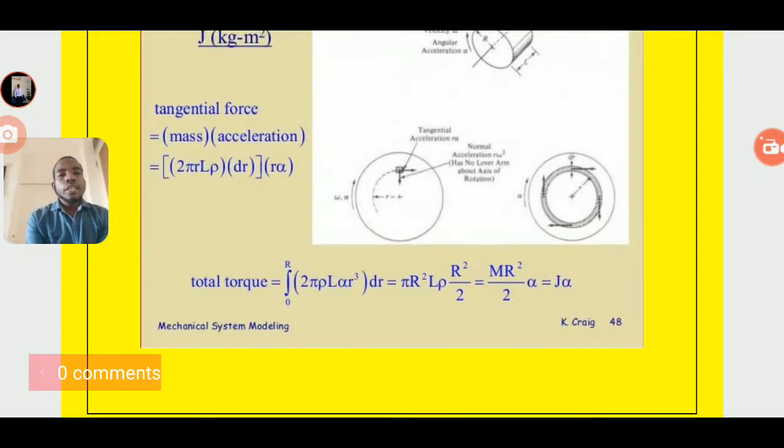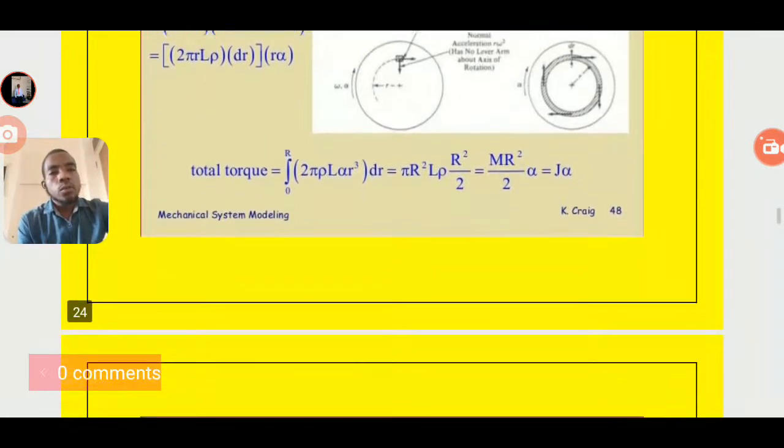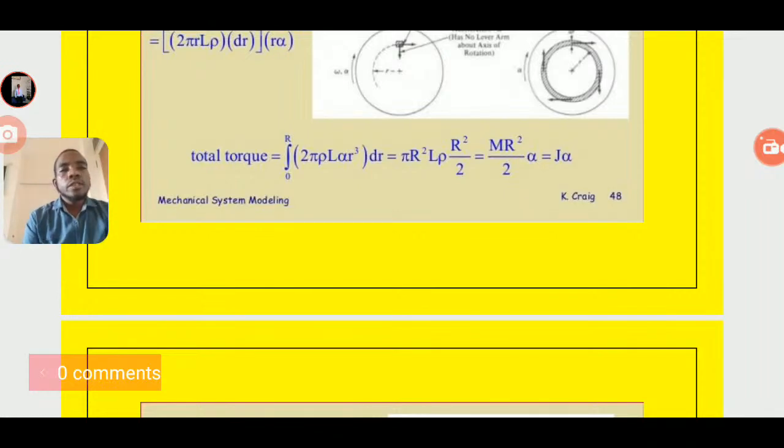Here the tangential force, which is equal to mass times acceleration, is equal to 2 pi r L rho dr times r alpha. This is the rotational type. The total torque is equal to the integration from 0 up to R of 2 pi rho L alpha r cubed dr, which is equal to pi R squared L rho times R squared over 2 into alpha, which is equal to m R squared over 2 into alpha, which is equal to J alpha.